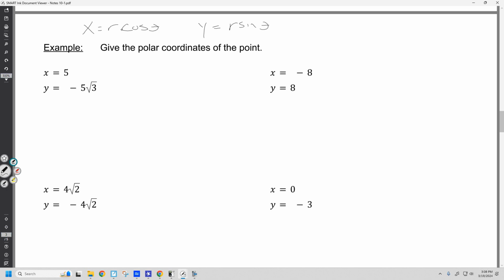It's good to remember, but I'm not going to underline. Instead, I'm just going to remember from Unit 6 our friends, the 30, 60, 90 triangle and the 45, 45, 90 triangle.